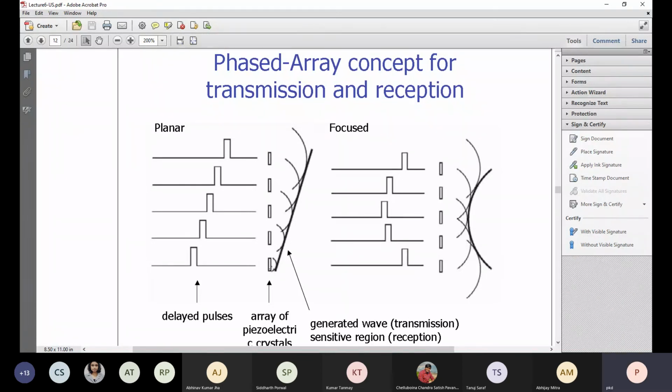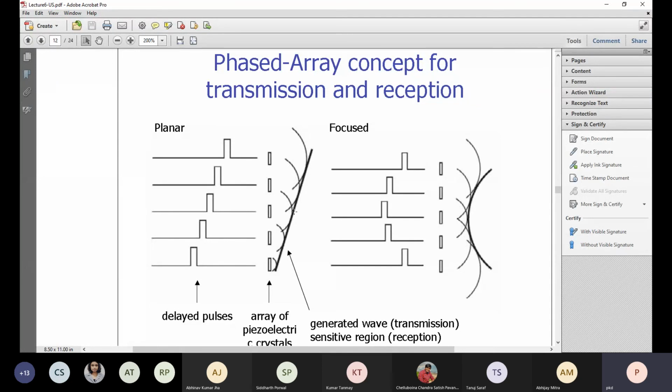This one has been excited quite late, so it has propagated only this much distance. Similarly, this wavefront has propagated this much, and like that. So an almost linear wavefront is created, and if we draw the normal to this tangent, that will give us the overall beam energy direction.